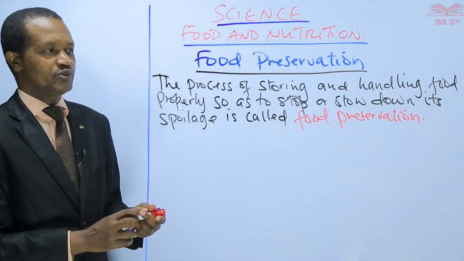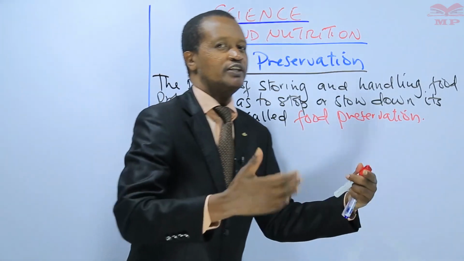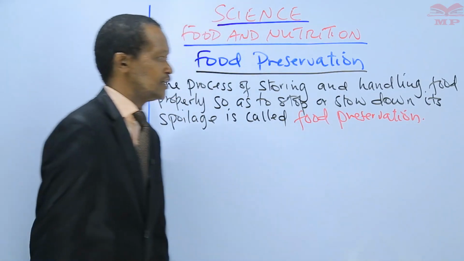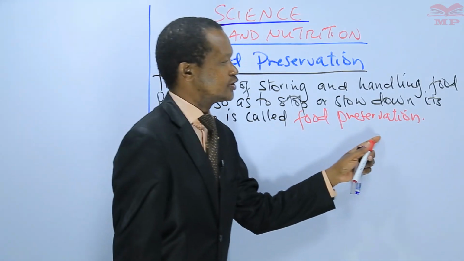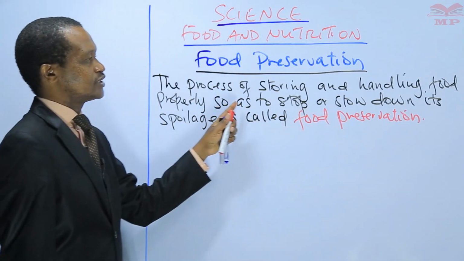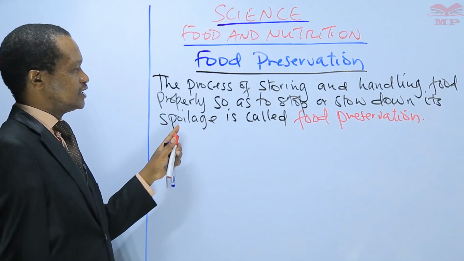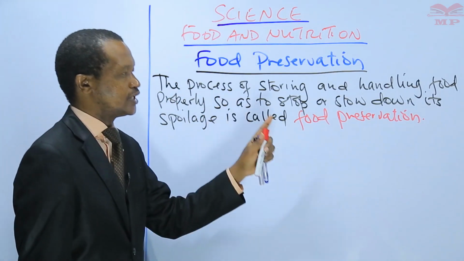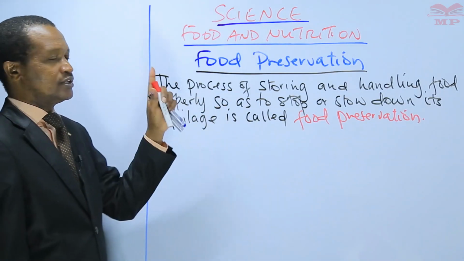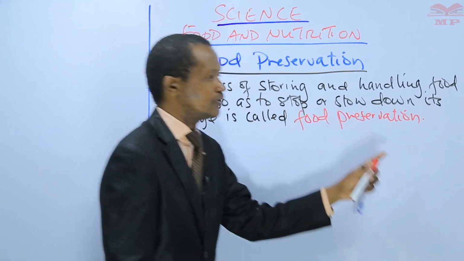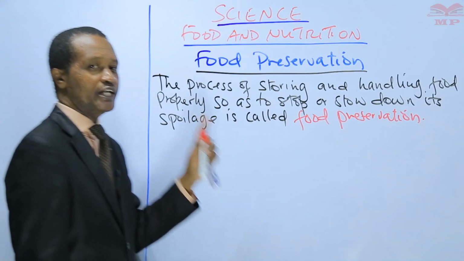So if I ask you, what is food preservation? You can say, food preservation is the process of storing and handling food properly so as to stop or slow down its spoilage.